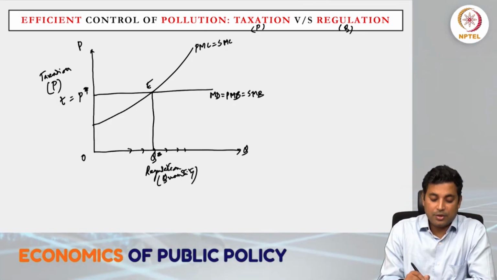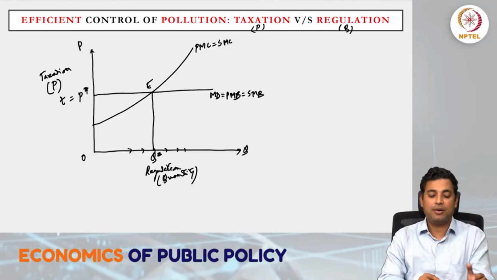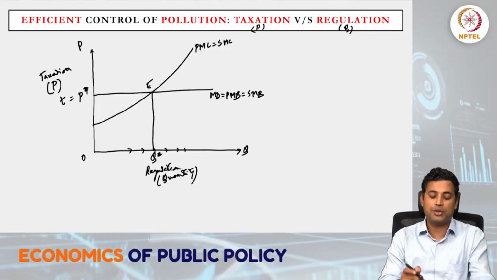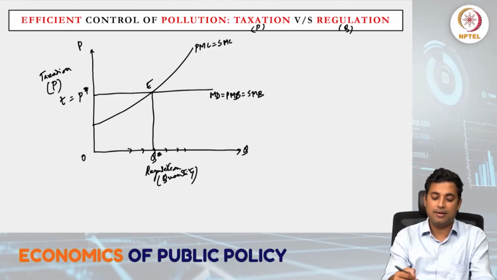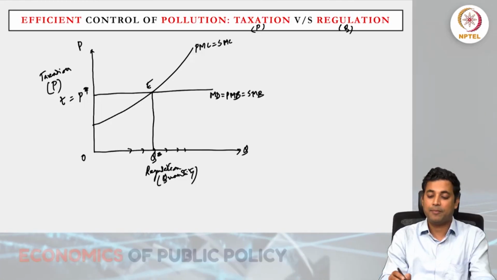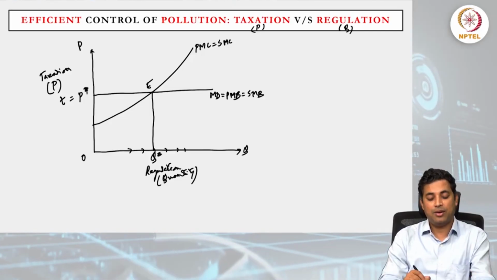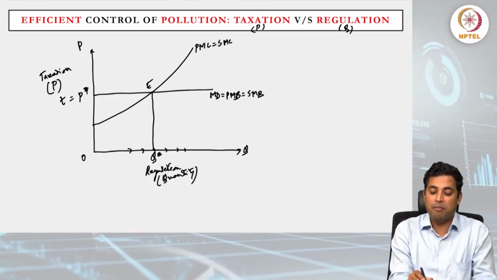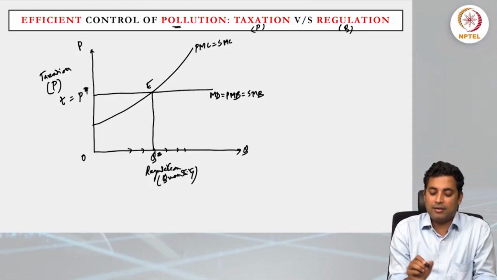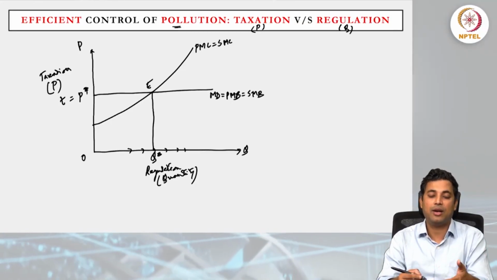So at point E, just to summarize, efficient control of pollution happens through taxation or through quantity, that is, regulations. Pollution is a major concern, and we are trying to understand how we can allocate efficiently.